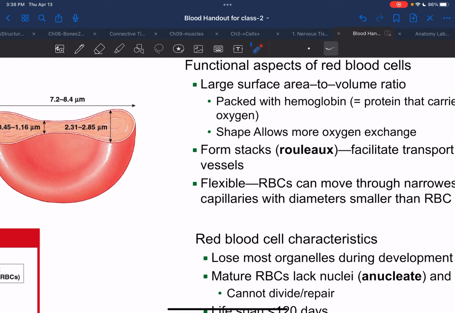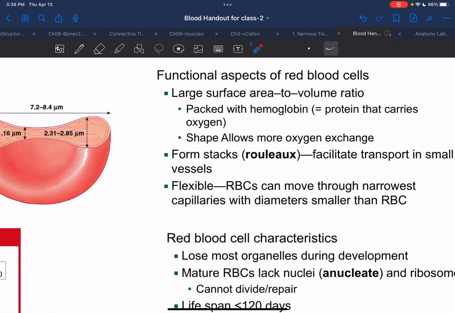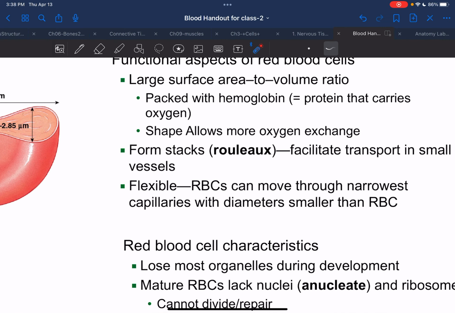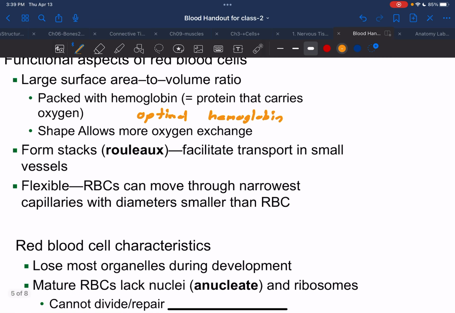It increases the surface area to volume ratio, or to understand it more simply, it enables optimal hemoglobin carrying capacity.